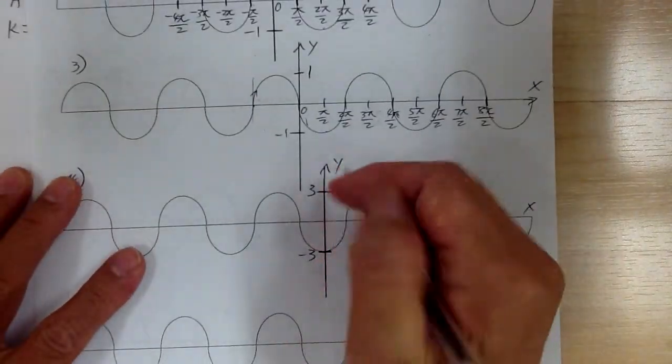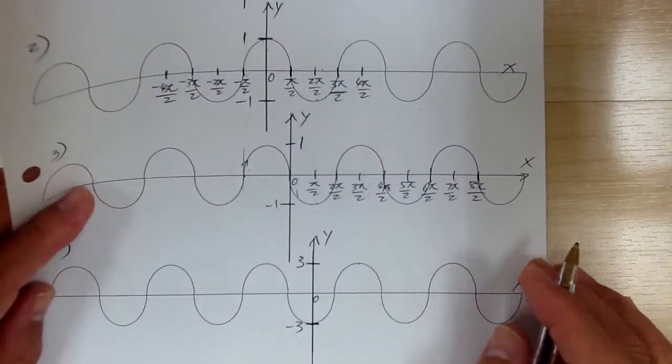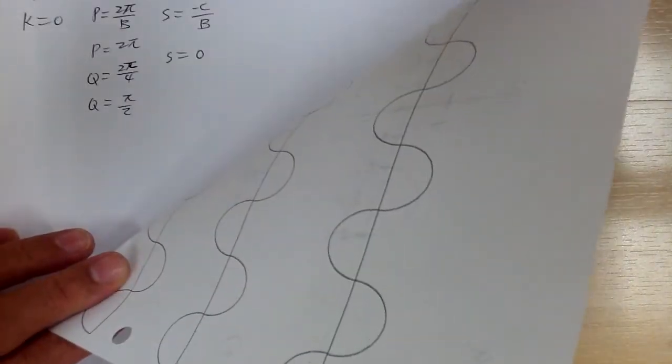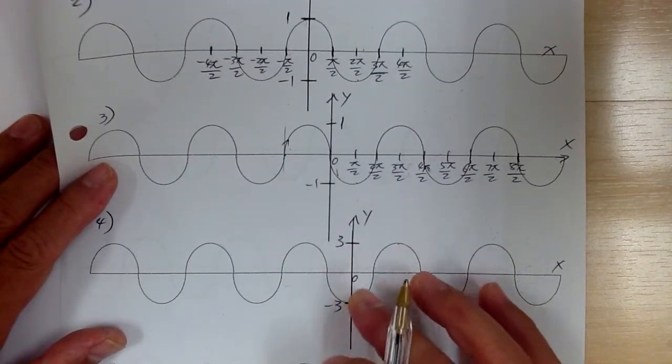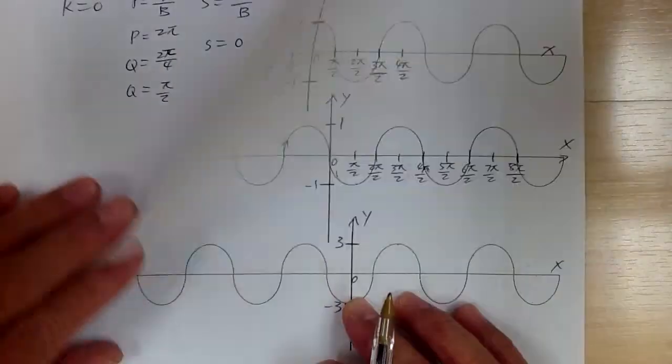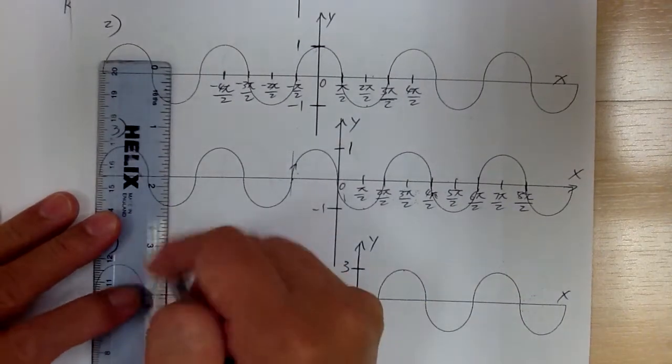So we start at 0. And then you want to go from 0 to 4 pi. So we're going to run out of space. So that's why you want to use pencil, so that way you can shift this over here. I'm going to move this to this side here.